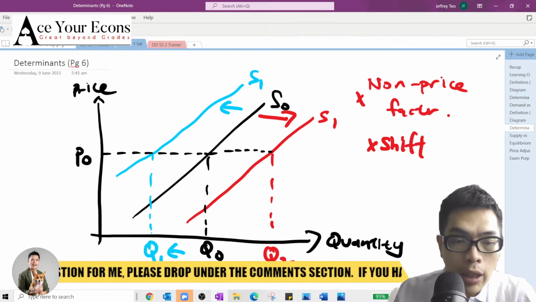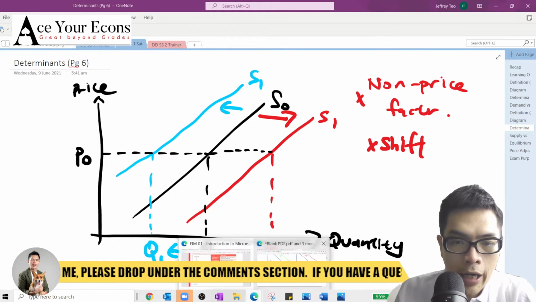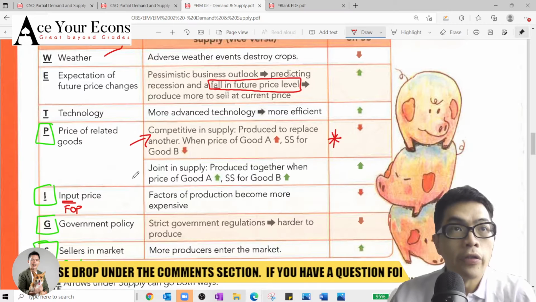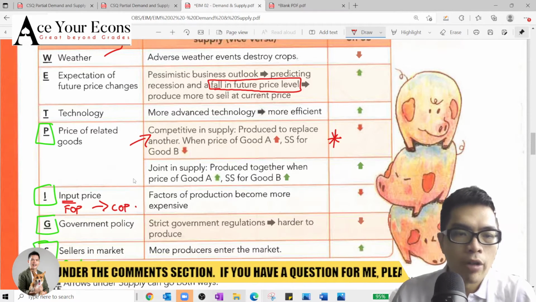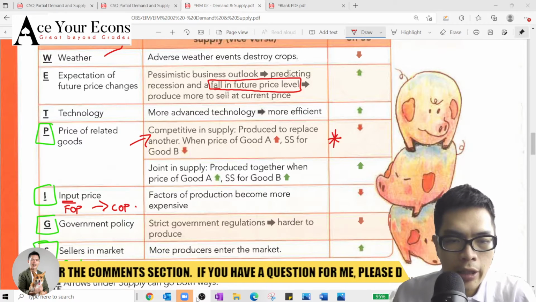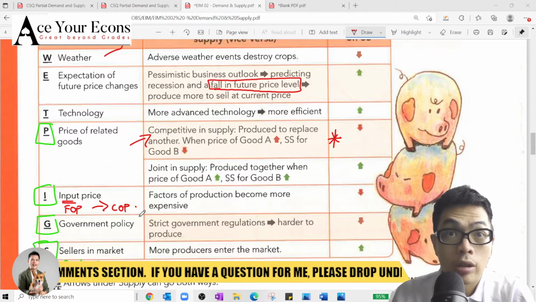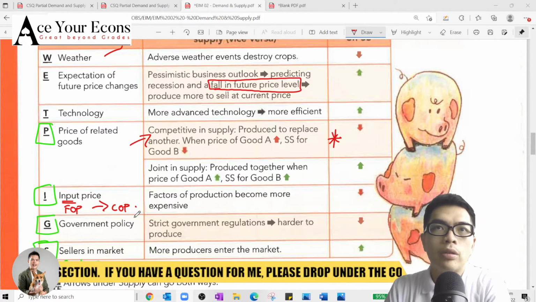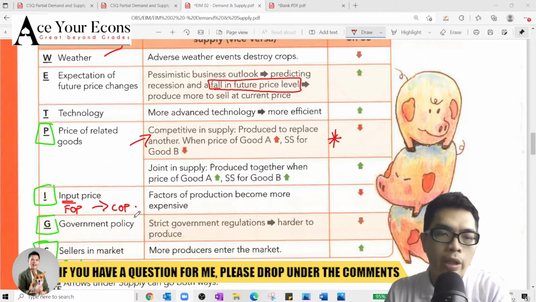The keyword, please pen this down, very important: input prices will normally relate to COP. Factor of production will relate to cost of production. I'll be using FOP and COP very frequently, so make sure you are able to illustrate that. COP is your cost of production.